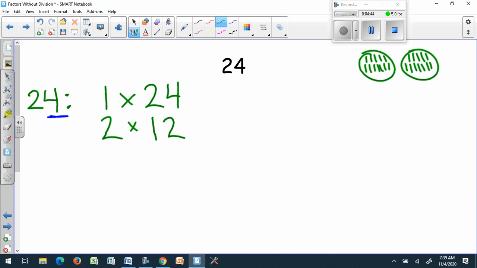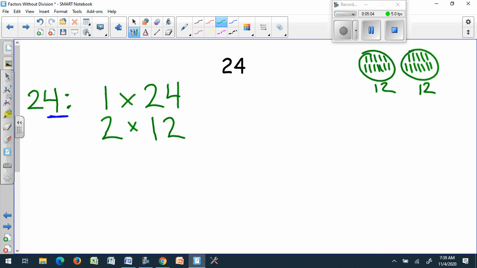Because anytime I don't know how to do a division or a multiplication, I can always draw a picture. And if I count my lines, there are 12. So that means that there's 12 in each circle. 24 divided by 2 is 12.